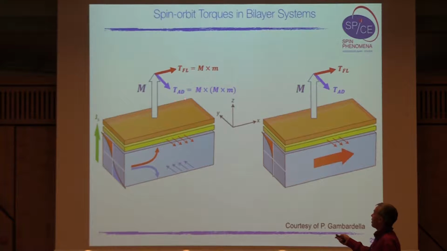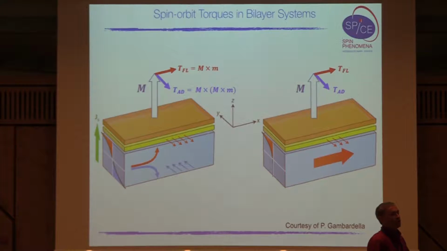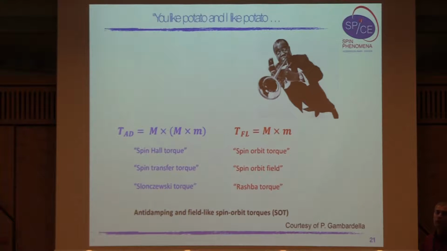This one will generate primarily anti-damping. This one was believed at that time to be primarily field-like, but as I'm going to show you, you can really generate both of them. So from the point of view of symmetry itself, you cannot distinguish them. This is where a little bit of the mess came, and now I think we are beginning to clear it out or understand it. But there are a lot of names. The problem is once you name something due to the origin of it, then if it sticks, it creates confusion.